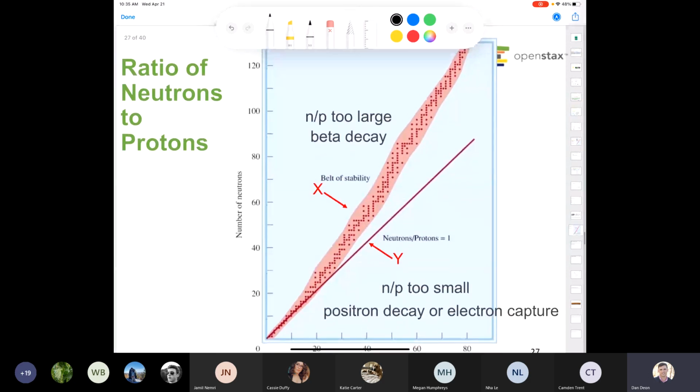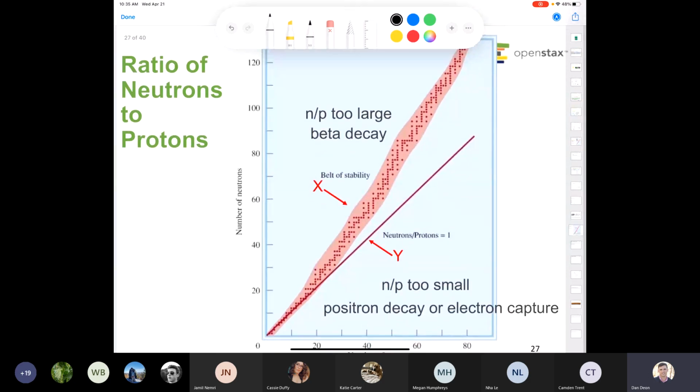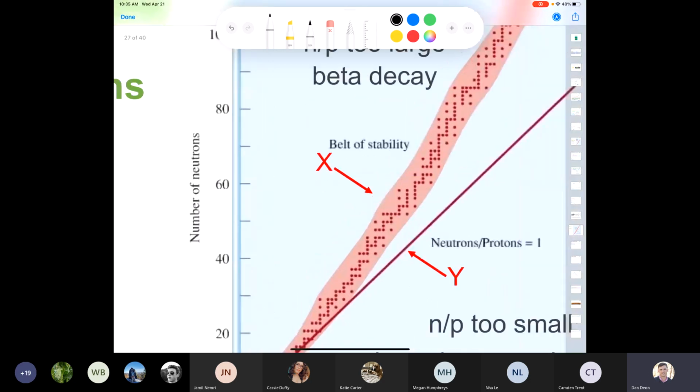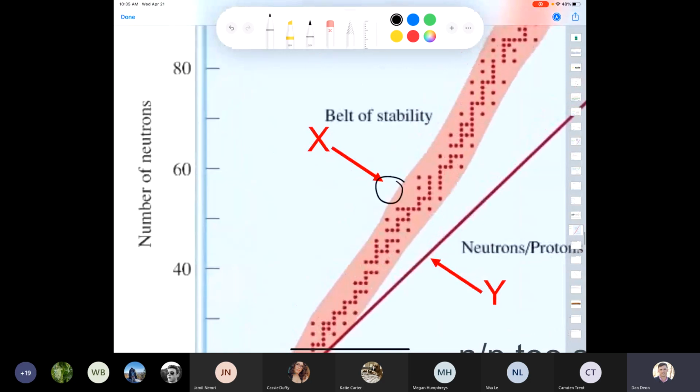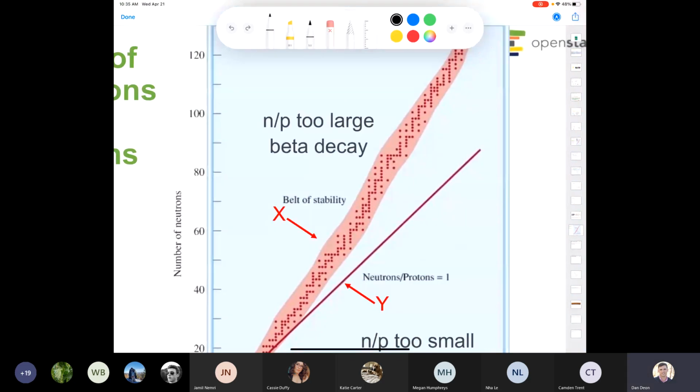So with all that in mind, if we look at the band of stability and we look outside of the band of stability, what kind of decay are the unstable nuclides going to undergo in order to move closer to the band of stability? Well, if you're on the top side or the high side of the band of stability, the ratio of neutrons to protons is too large in this case, and so those nuclides are going to undergo beta decay.